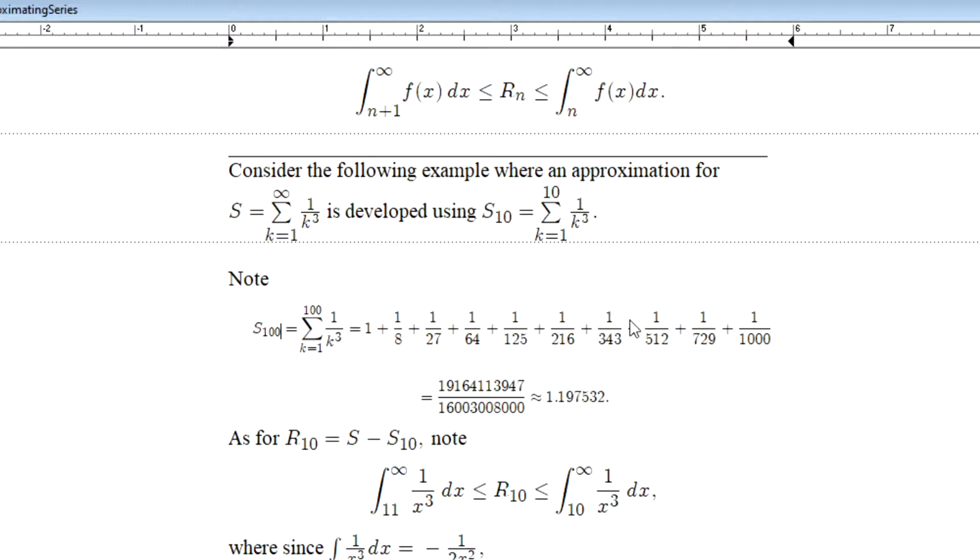So, folks, this is an approximation technique that we have for approximating the exact value of S in an infinite series.